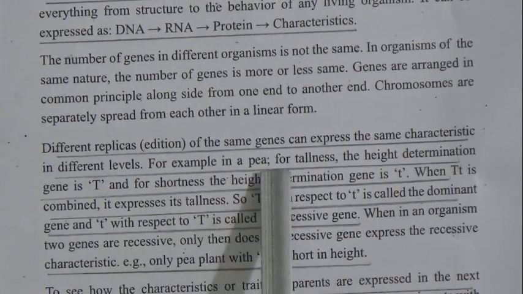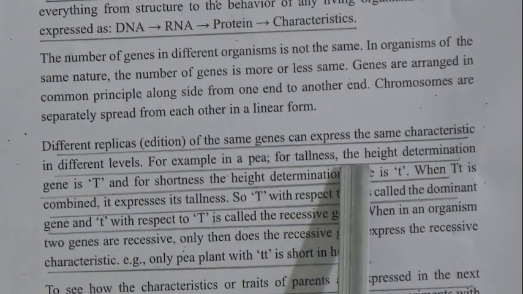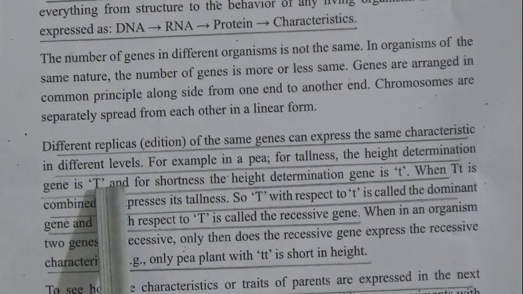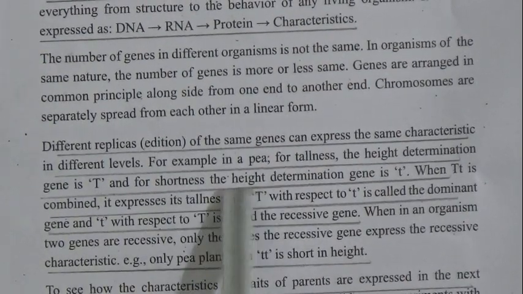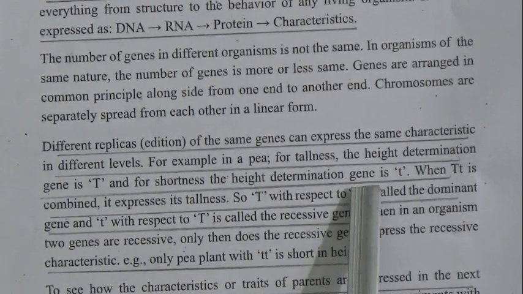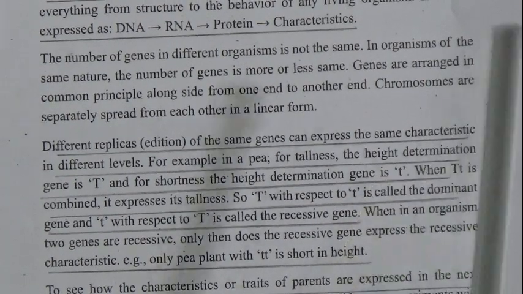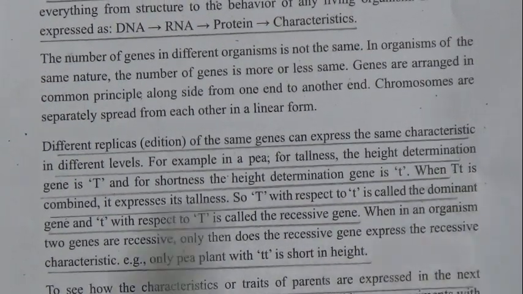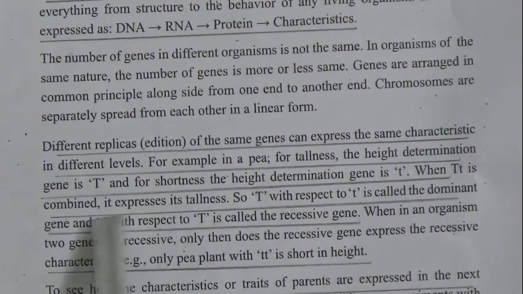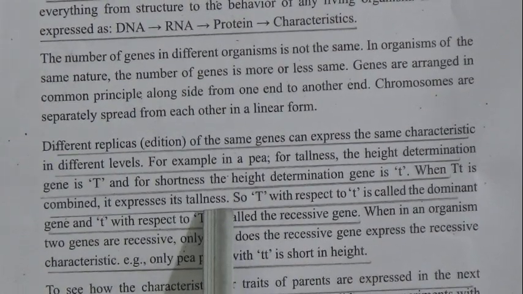For example, in a pea plant, for tallness the height determination gene is T, and for shortness the height determination gene is small t. When capital T and small t are combined, it expresses tallness.